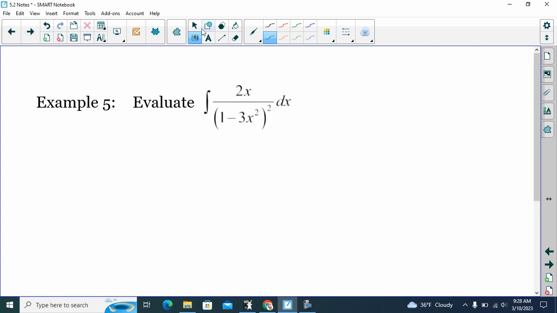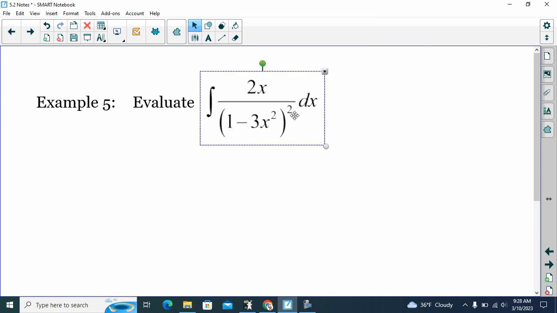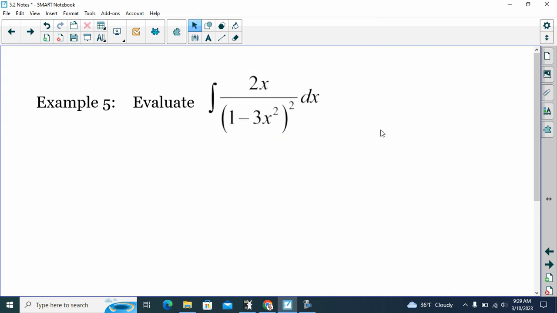Example 5 of 6, one more after this one. Integral of 2x over the quantity 1 minus 3x squared, dx. Try to think of something we can make u, in this case 1 minus 3x squared.